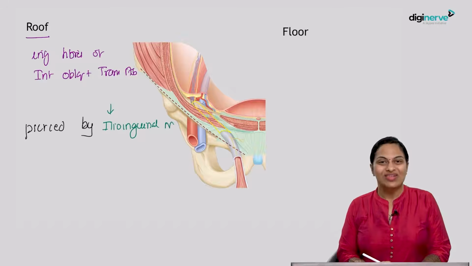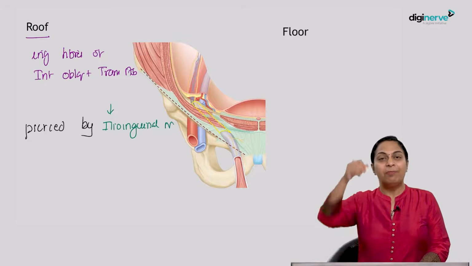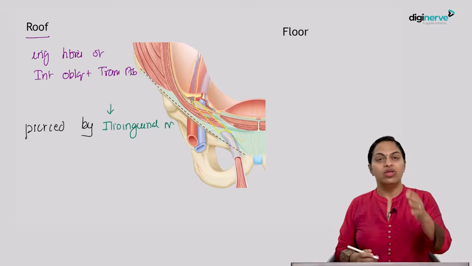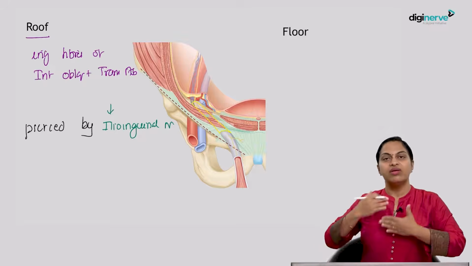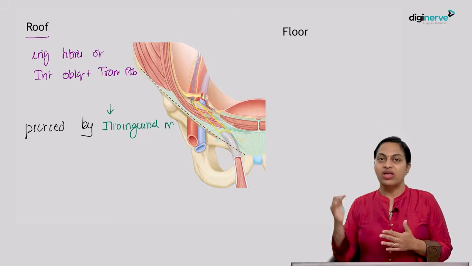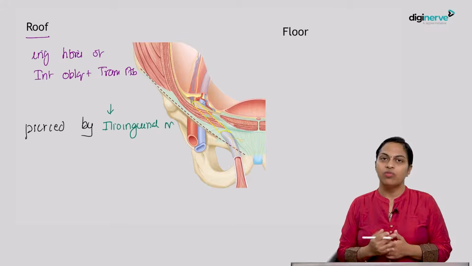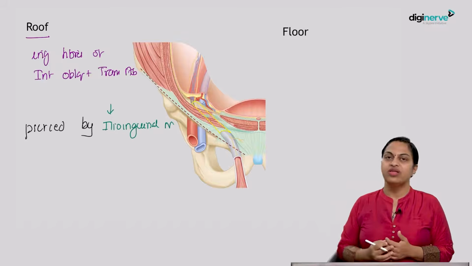Right? How does it enter the inguinal canal? By piercing the roof. We know that the neurovascular plane in the anterior abdominal wall lies between the internal oblique and transverse abdominis. So the internal oblique and the transverse abdominis form the roof, isn't it?